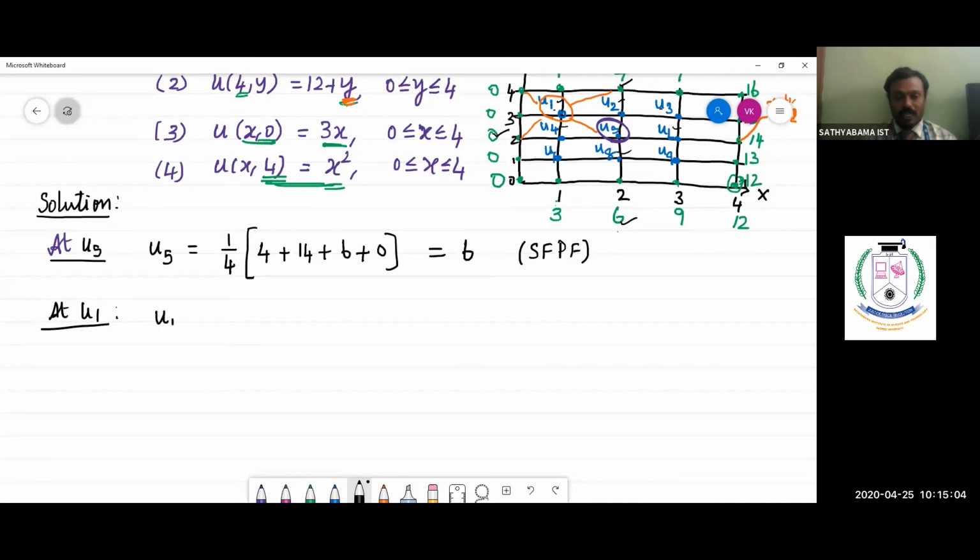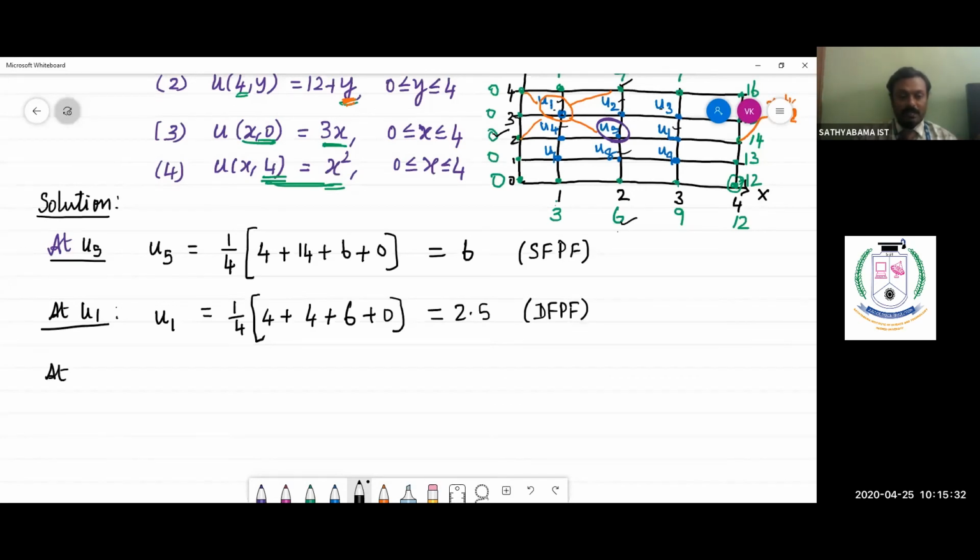So U1 is equal to 1 by 4 into the values along the diagonal, 4 plus 4 plus U5. U5 we have found as 6, plus 0. So it is 14 by 4, that is equal to 2.5. This we have got by applying the diagonal 5-point formula.